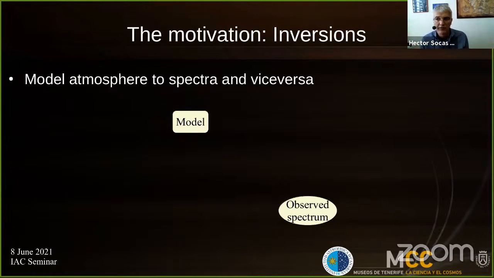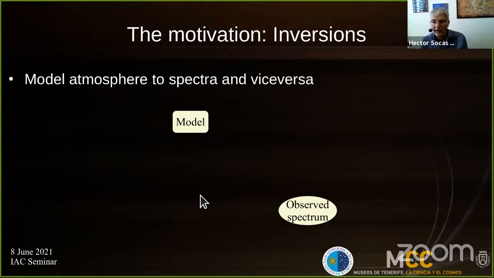The main motivation has to do with this, and this is a very general problem in astrophysics. What we have are observations typically of a spectrum of the sun, of a star, or many spectra, and this is what you have.